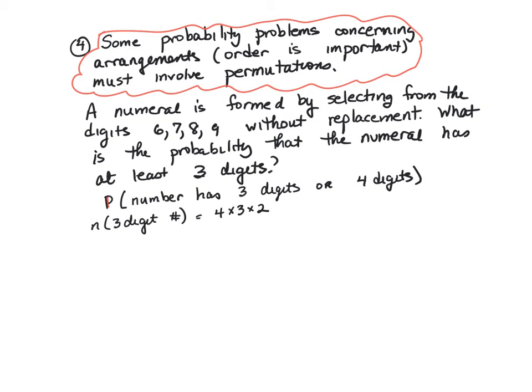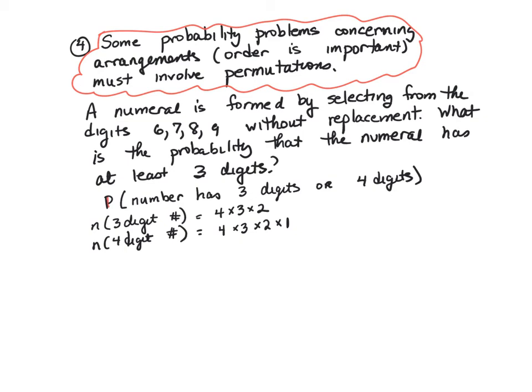Because there are 4 choices for the first, 3 choices for the second, and 2 choices for the third. The number of ways to get a 4-digit number would be, again, 4 for the first, 3 for the second, 2 for the third, and 1 for the last.